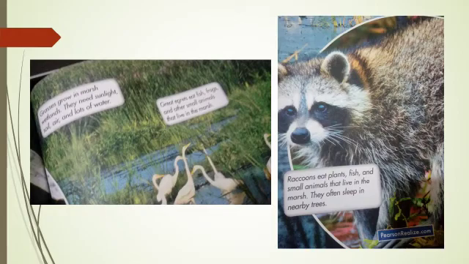They often sleep in nearby trees. Raccoons depend on living things in order to live and grow. And they have the trees as a shelter, as a safe place to live and grow.